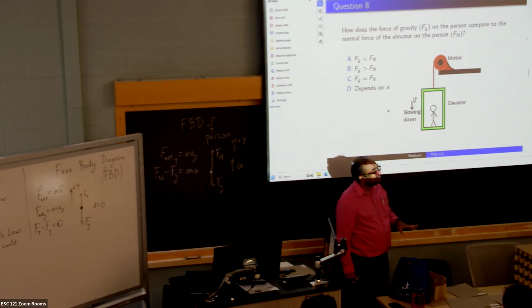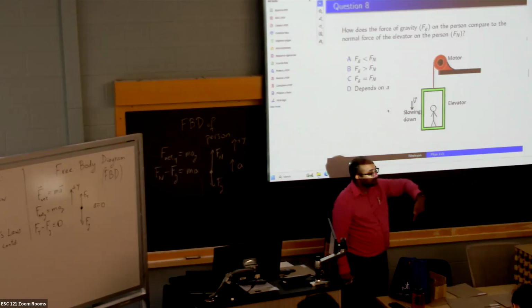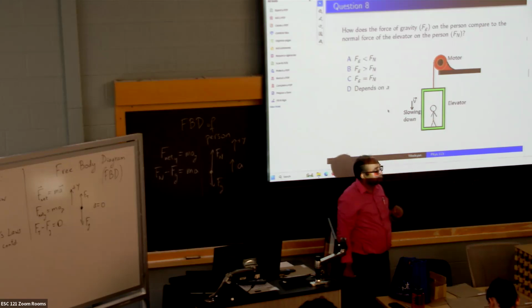Would it be different if it was slowing down moving upward versus slowing down moving downward? Yes, the direction of acceleration would be different. But this elevator is moving downward and slowing down, so the acceleration is up. If it was moving up and slowing down, the acceleration would be down.